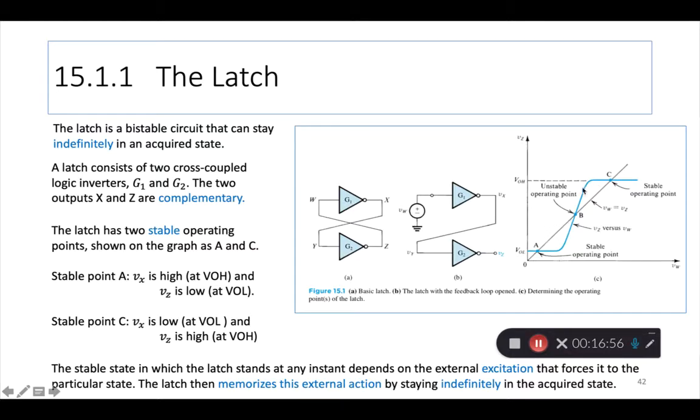And there is a transition region in the middle, but the two stable points, meaning A is stable, C is stable, there's no changes happening, even if the input changes for a certain time and a certain time here. So two stable operating points shown on the graph as A and C. Stable point A, Vx is high, right?